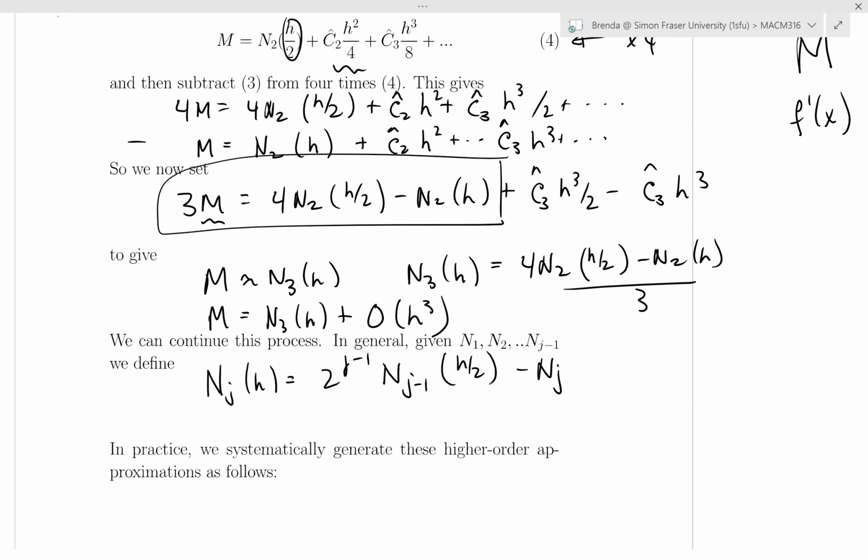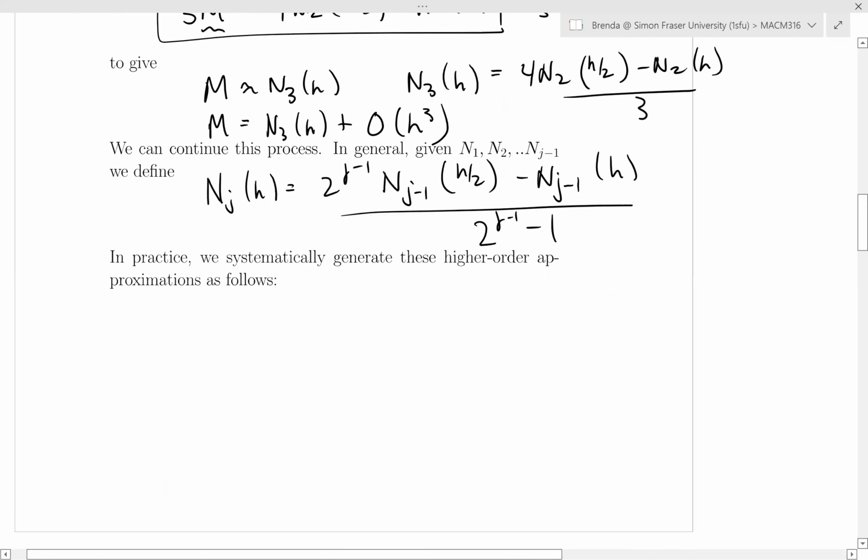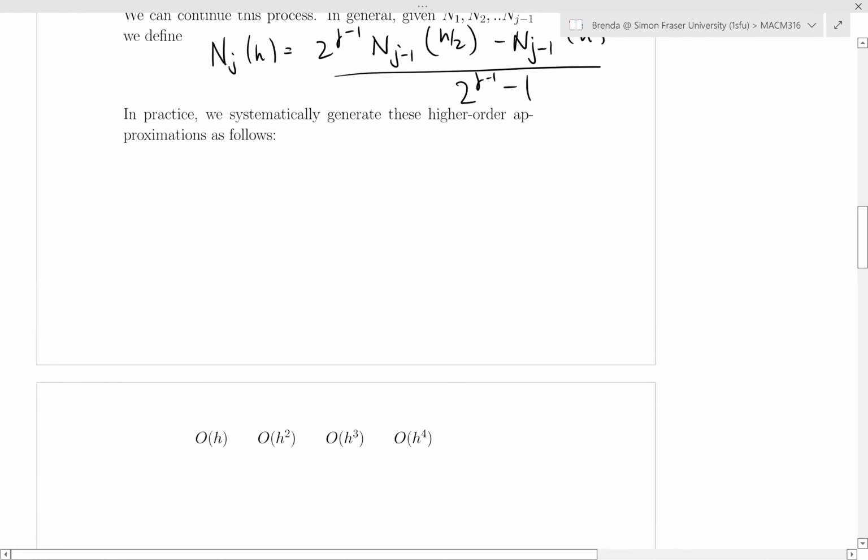So this is your J correctly. Like that. So you can just keep generating these things, like what I just wrote to the side. You do this in a systematic order. You start out with your basic approximation like that.